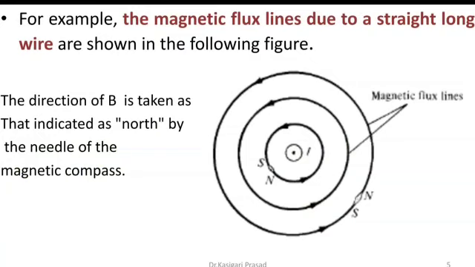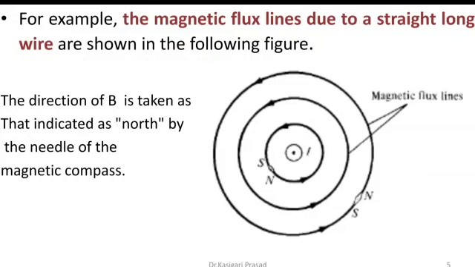Now for an example, the magnetic flux lines due to a straight long wire, as shown in this particular figure. At the center we have a conductor carrying a current I. As the current moves, flux lines are produced around it, due to the motion of charge, that means current.